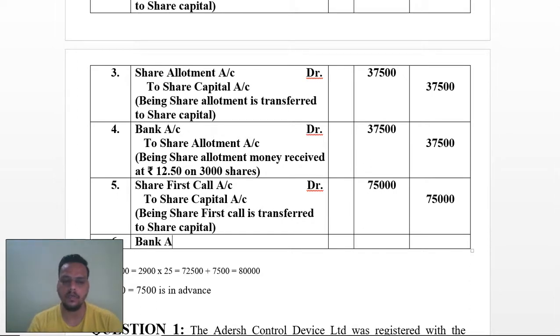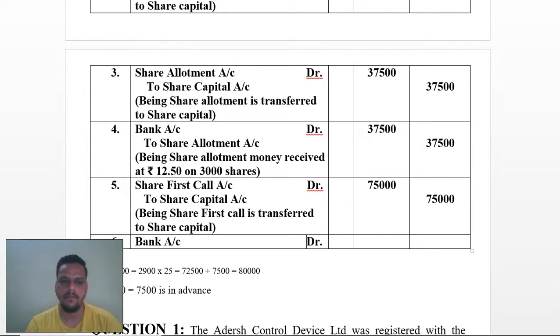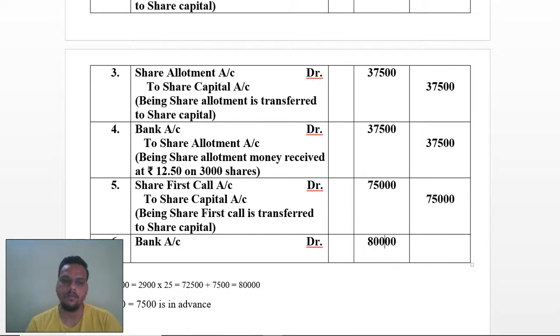Bank account debit. It will be of 80,000. Now we have gone with the 80,000, but we are having 100 shares where calls in arrears occurred.